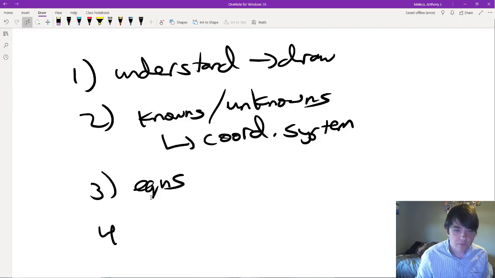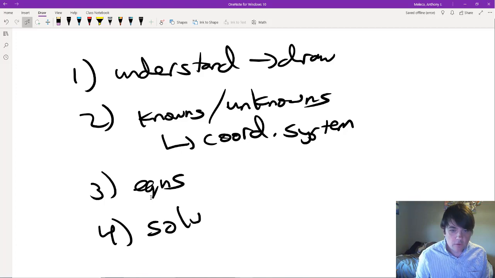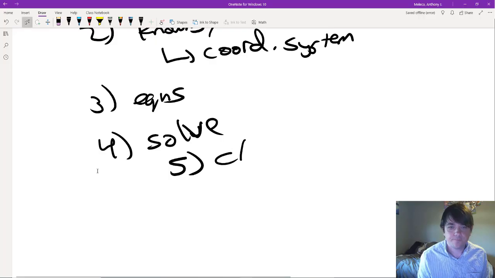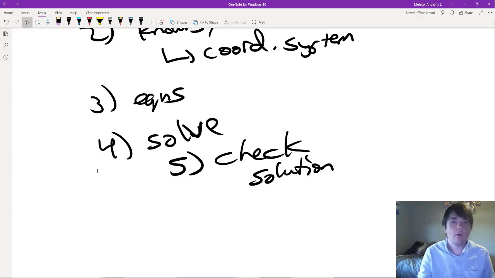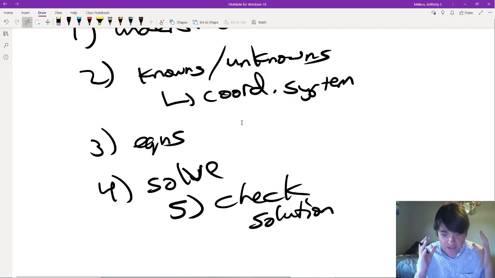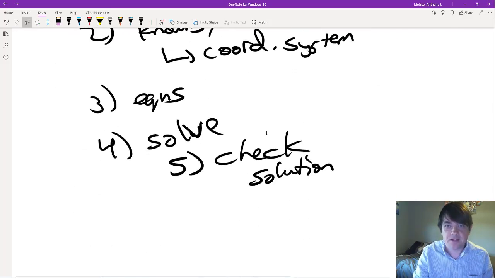Then you use equations. Number 4 is solve. And number 5 is you check. Okay. So you do this for each problem, and this will really help break down the problem and take a load off your brain while you're trying to solve it, so you don't have to do everything inside your head. You can write it all down, you can visualize it, and it helps a lot. So that's it for this one, and I'll see you in the next one.